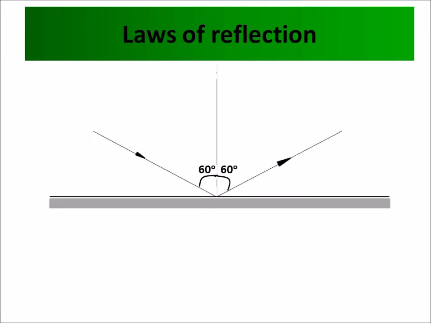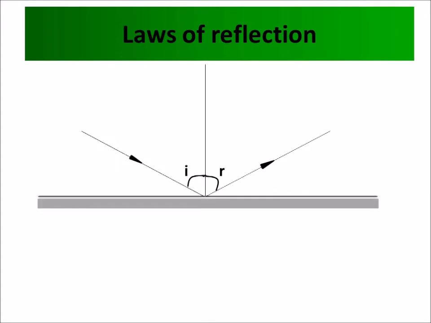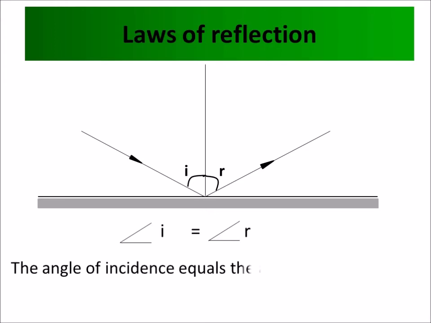Then 60 degrees and 60 degrees. What is common among them, considering the angle I and R? So you notice that angle I equals angle R, and this is what constitutes the first law of reflection. The angle of incidence equals the angle of reflection.